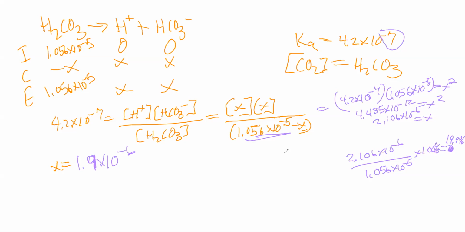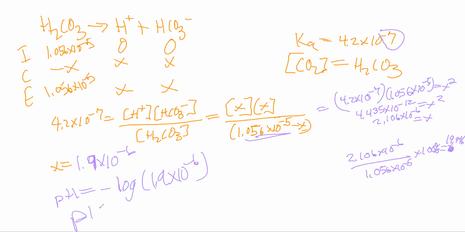Now, can we stop there, or what do we need to do to that in order to finally finish this problem? We have to take the negative log. So we need pH of negative log 1.9 times 10 to the minus 6.